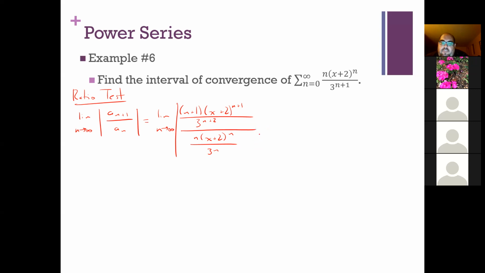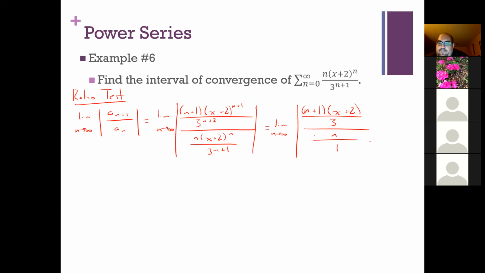All right, so if we start simplifying, the n plus 1 over n, those are not going to cancel out nicely. But I'm going to be left with only 1 power of x plus 2. I'm going to be left with, oh, this is going to be 3 to the n plus 1, so only 1 power of 3. Here the n remains, but nothing else.